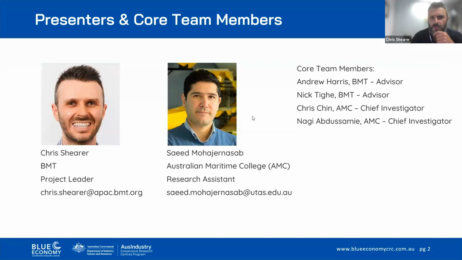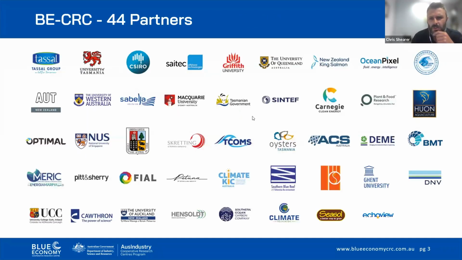Okay, next slide, please. So a little bit about the Blue Economy Cooperative Research Centre. So there's 44 partners. The logo is listed on the screen here. Basically the CRC was established in 2019. It's mostly funded, or it's part of the Australian government's CRC program.